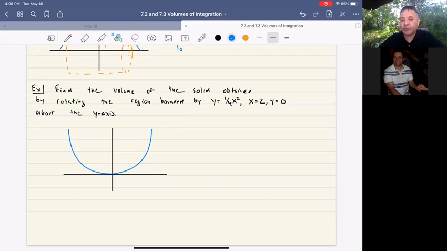Okay, x equals 2 is over here. And y equals 0, let's make that a little thicker. That's here. So this is the region that we're bounded by.